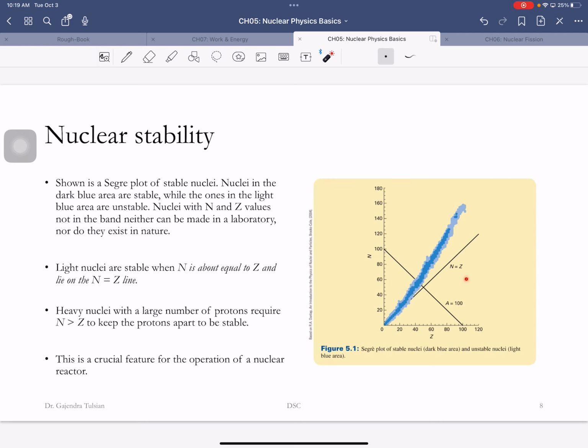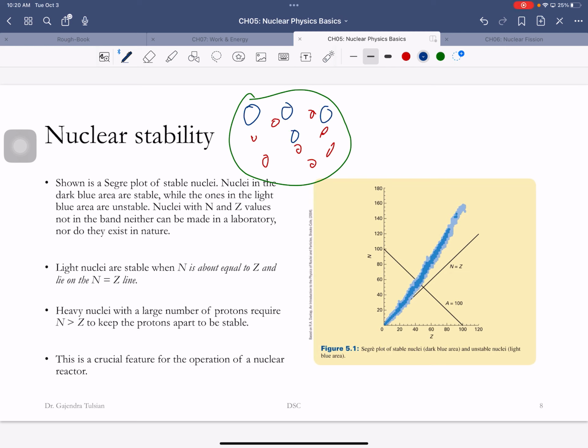But if you make a heavy nucleus, the number of neutrons has to be much higher. So when you split a heavy nucleus into smaller pieces, you don't need as many neutrons. Protons are red, neutrons are blue. In a heavy nucleus, you need a lot of neutrons to keep the protons apart.